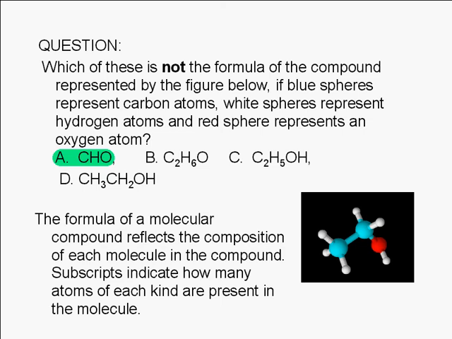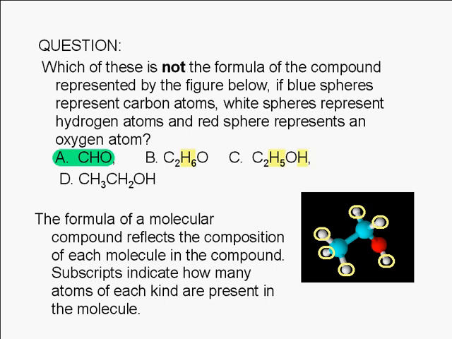In the figure, we see 6 white spheres. 1, 2, 3, 4, 5, 6. These represent 6 hydrogen atoms. Therefore, H should appear in the formula so that the total subscript is 6. In choice B, the subscript of hydrogen is 6.